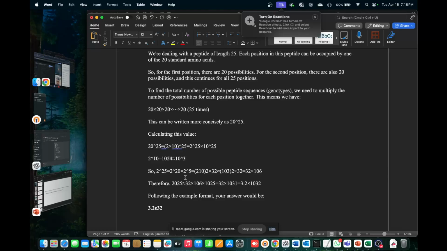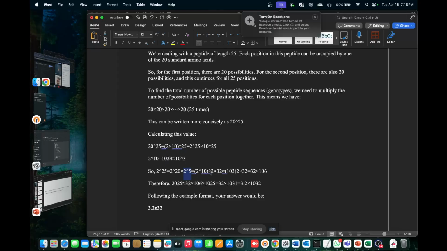Right. So 2 to the power 25 also you are breaking down: 2 to the power 20 into 2 to the power 5. Now 2 to the power 20 can be represented as 2 to the power 10 whole squared, and 2 to the power 5 is 32.